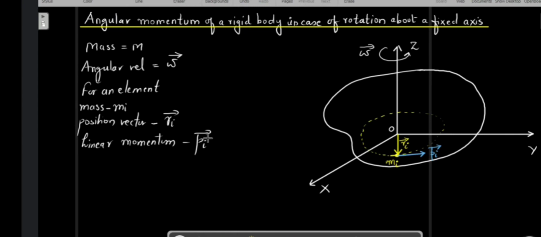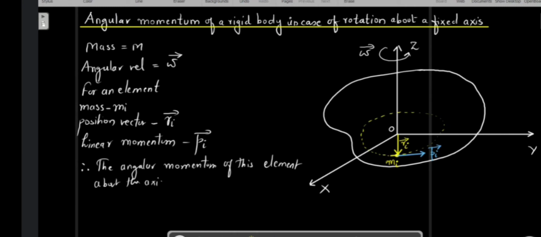So therefore the angular momentum of this element about the axis of rotation, which will be represented as Li, we know is given by Ri cross Pi. It is the cross product of Ri and Pi.